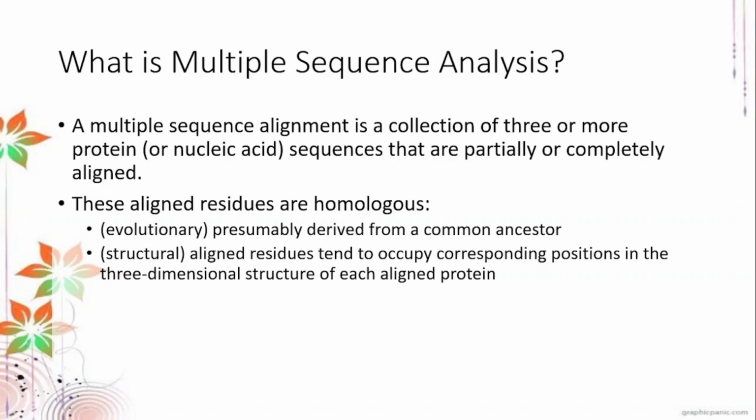And also, we can align them based on their structural identities. When we say structural identities, these sequences can be DNA, RNA, even nucleic acid. The nucleic acids comprise not only the DNA but also the RNAs.